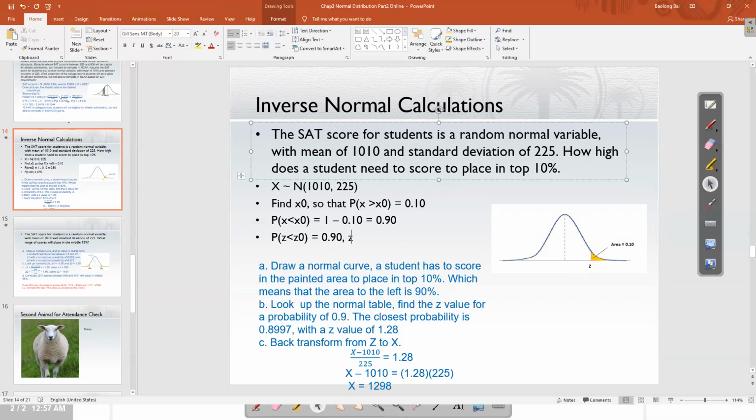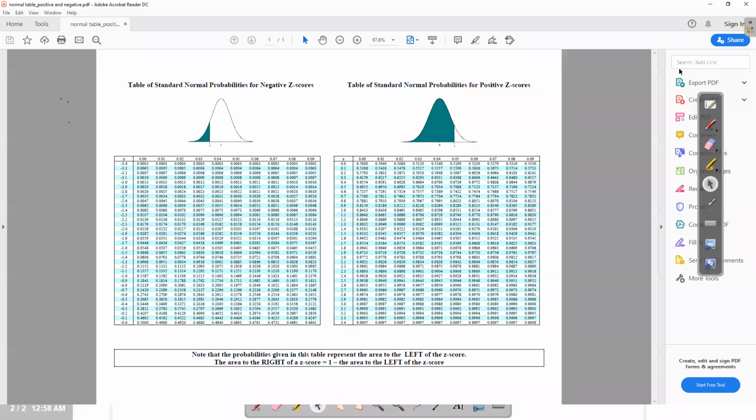And then from here, we can look up the Z score with the given probability, 0.9. I kind of remember it already. The closest we can find is 0.8997, right? So the corresponding Z score is positive 1.28.